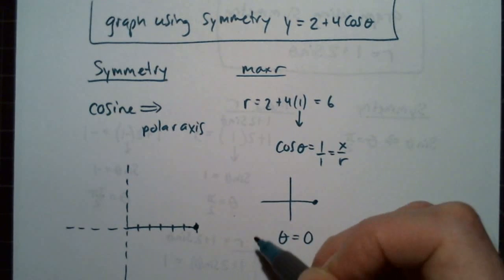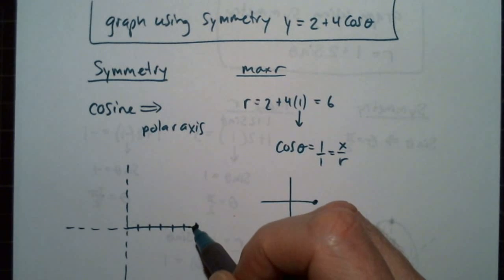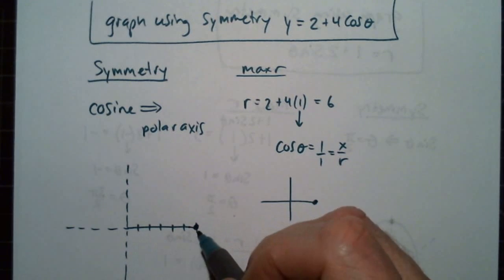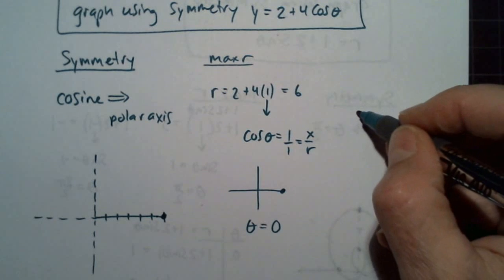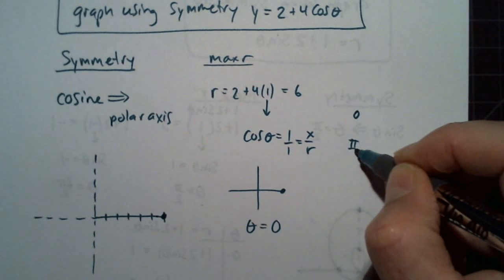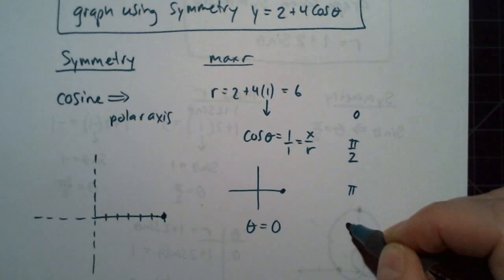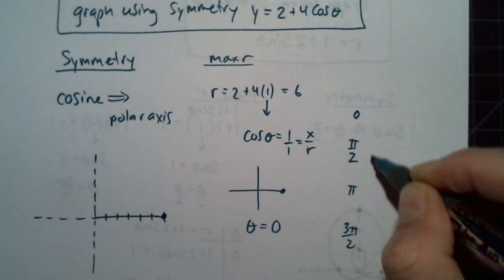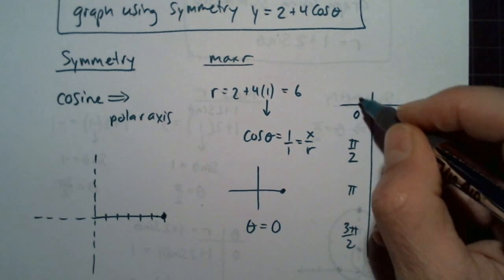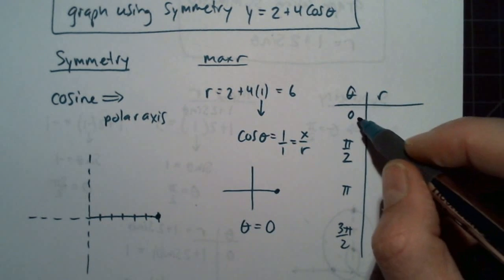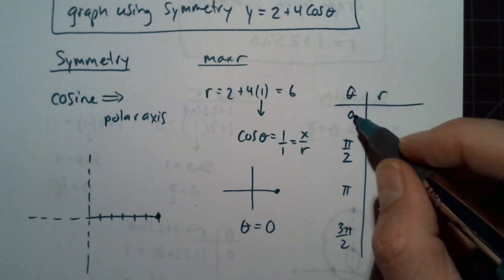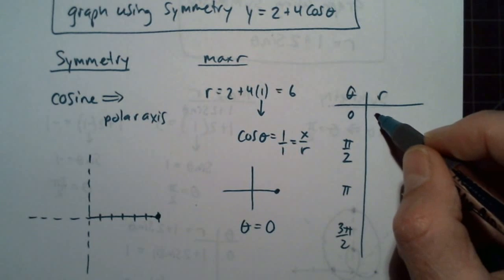We know there's a point there, and it's symmetric, so it looks like it'll be on top and bottom of the polar axis. And let's just plot some points. So we have cosine of 0 is 1.